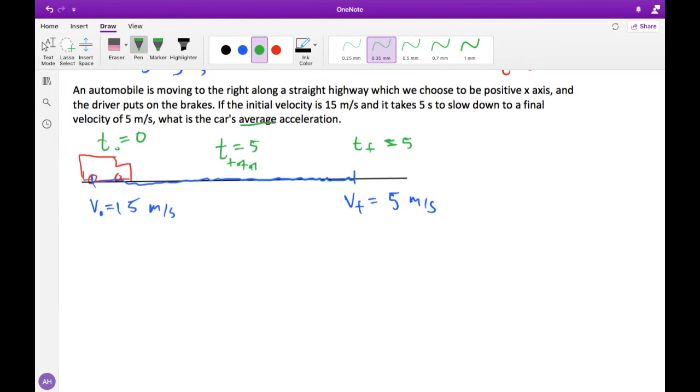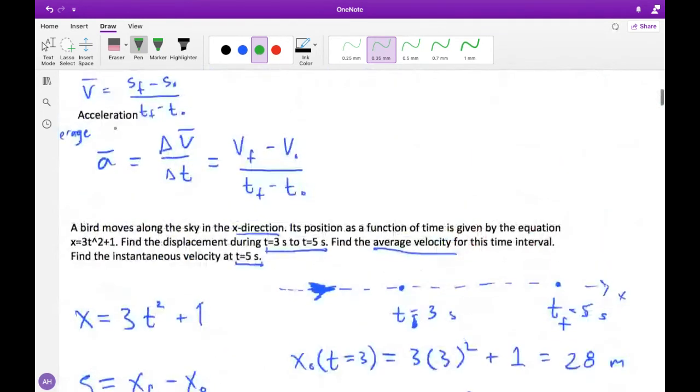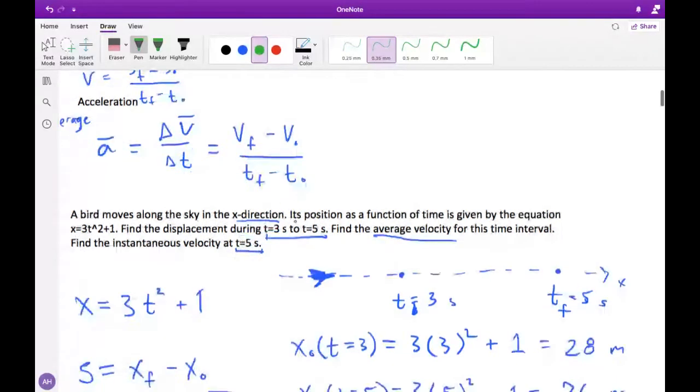And so now to get our average acceleration here, we would just use this equation for the average acceleration, which is the final velocity minus the initial velocity divided by the final time minus the initial time.